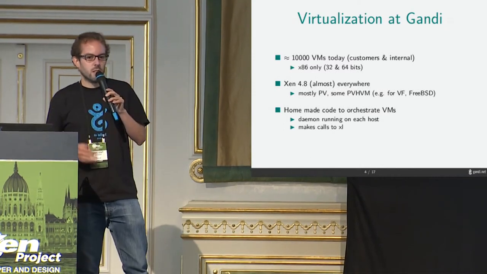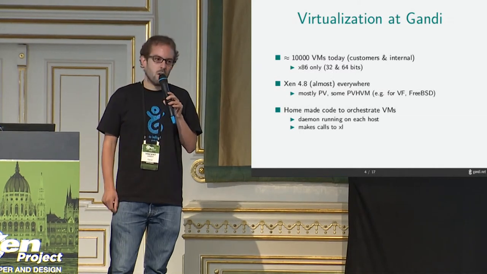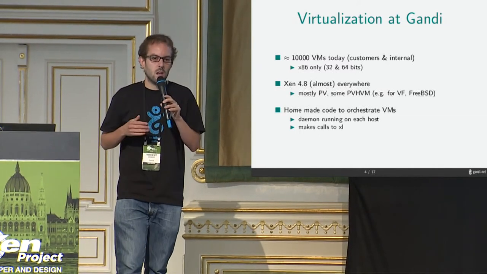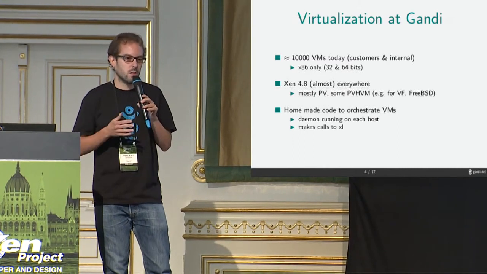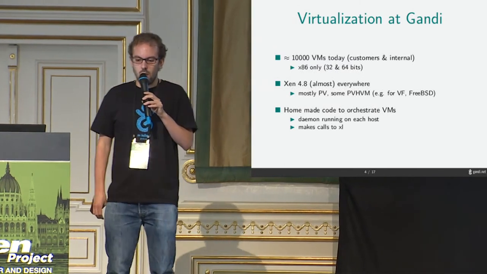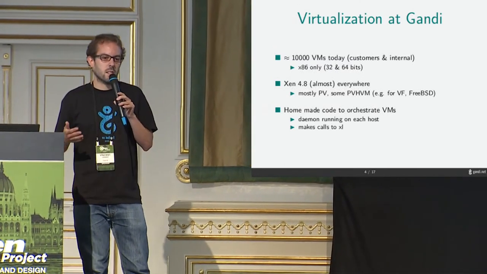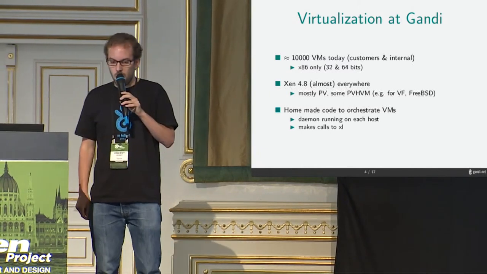Then to orchestrate VMs, to start or stop them, we have homemade tools. Basically, we have a homemade small daemon written in Python that runs inside each host, and it makes calls to xl or retrieves some information from the Xenstore, for example.